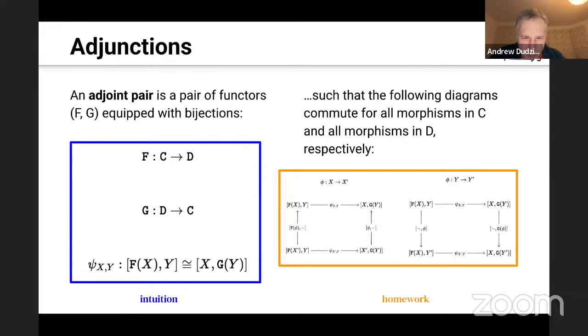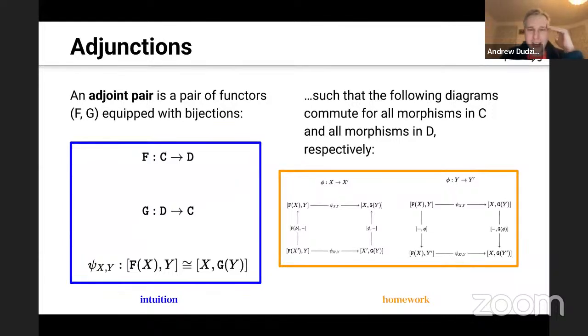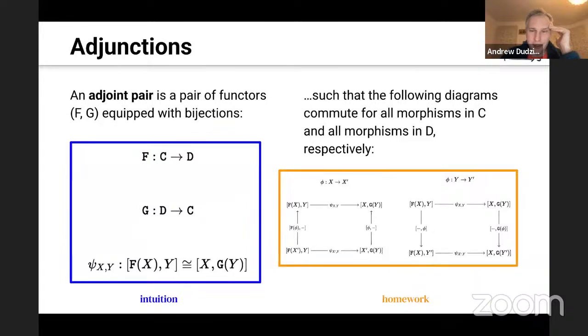So this bracket is covariant in the second argument, but it's contravariant in the first argument. If I have a map from y to y prime, then as on the right, it gives me a map. I take a function up there and then I just compose it afterwards with the function from y to y prime.